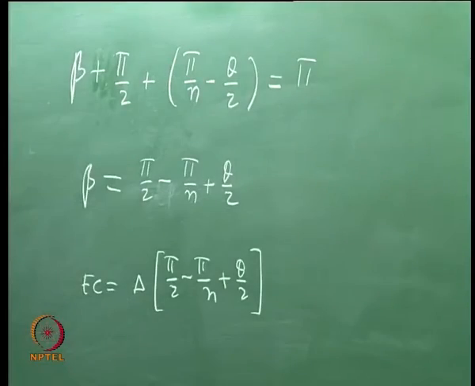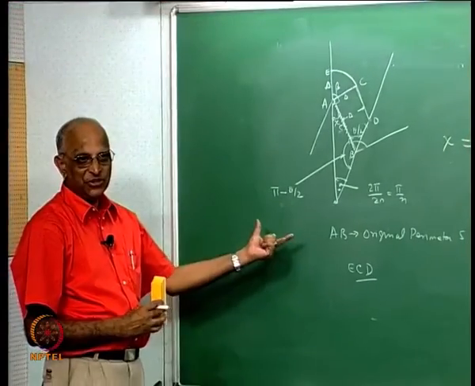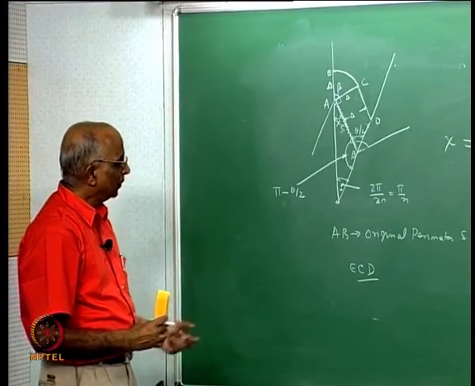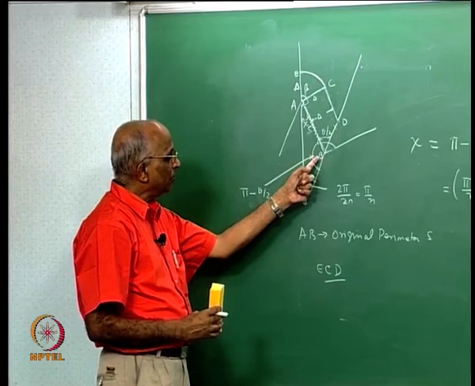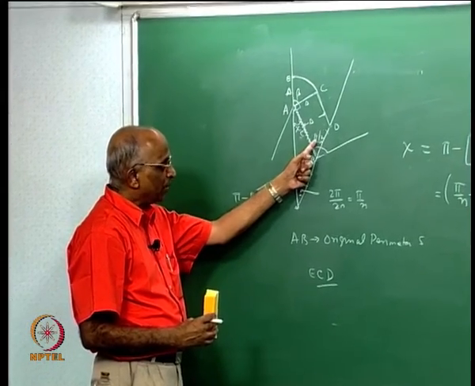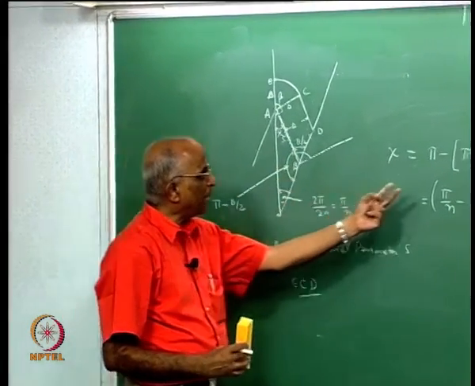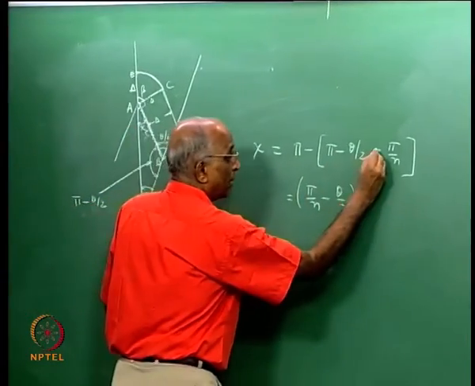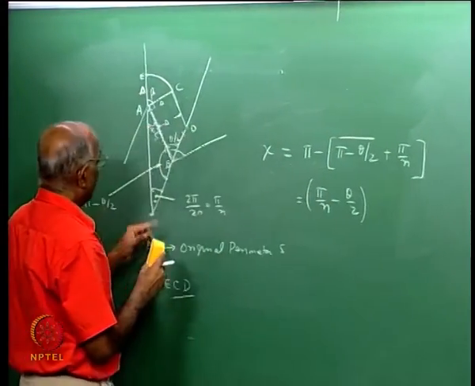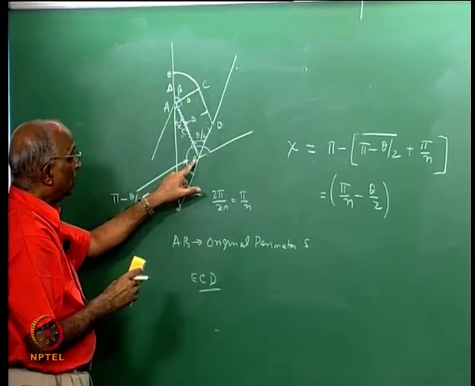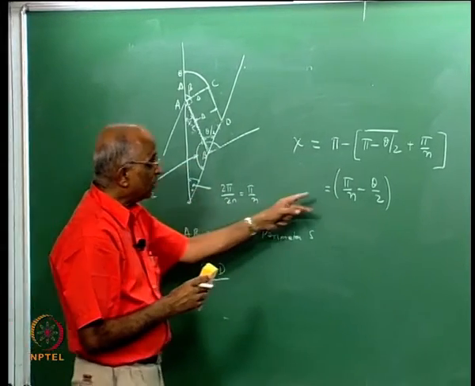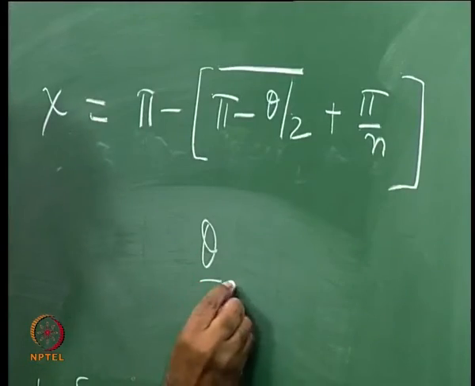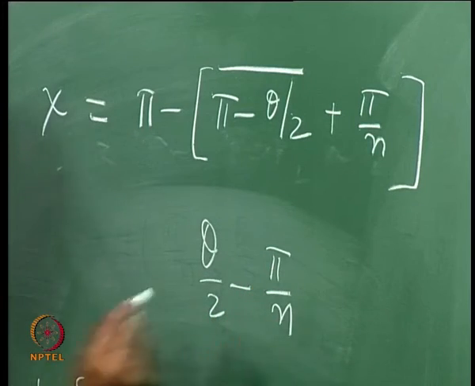Okay. Let us check the angles. Can you just check it? What did we tell ourselves? This angle is pi by n. This angle becomes pi minus theta by 2. Therefore, this becomes pi minus theta by 2 plus pi by n.